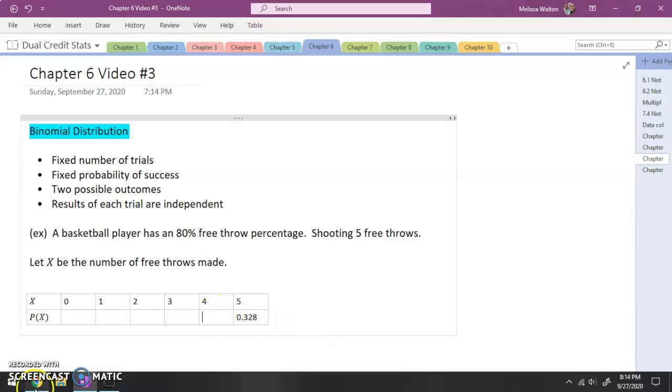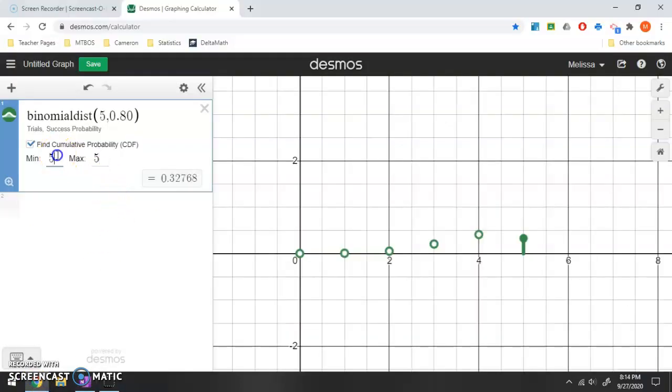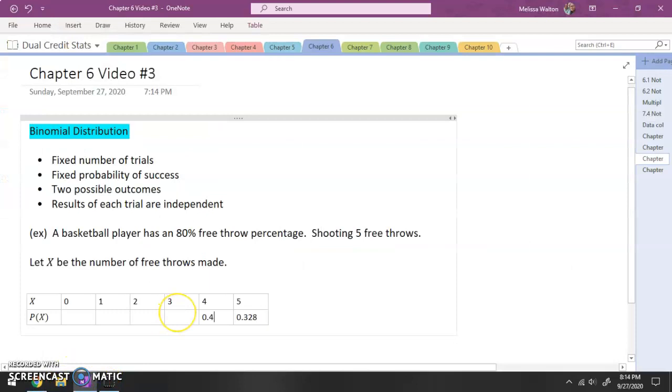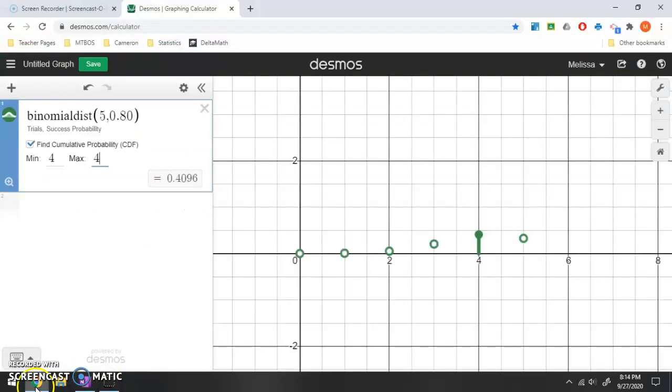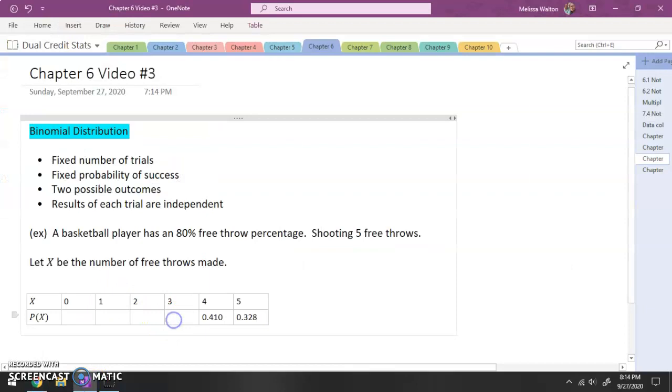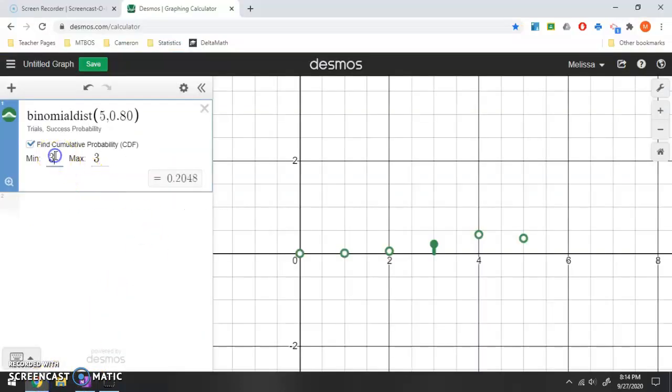All right, probability of making 4 would be 4 to 4, 0.410 if I round that correctly. So this is 0.410. For 3, 3 to 3, 0.205. All right.